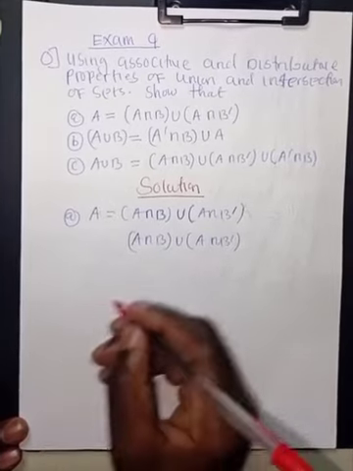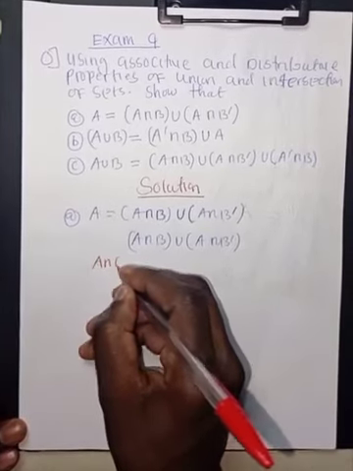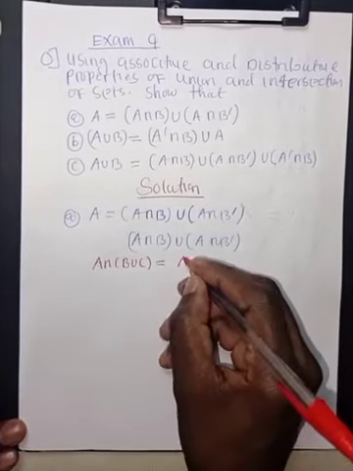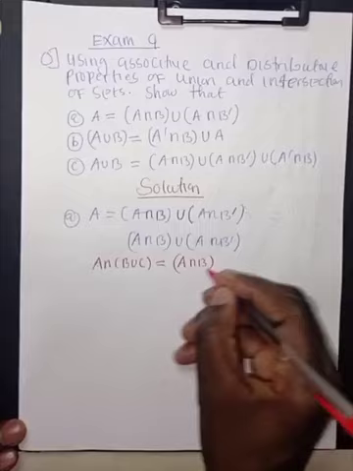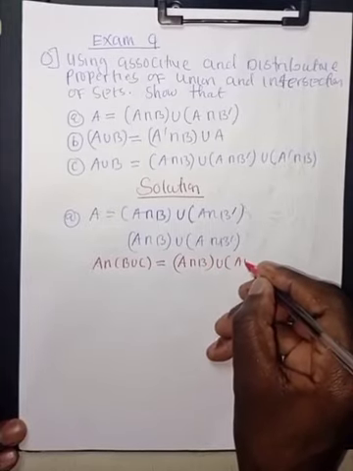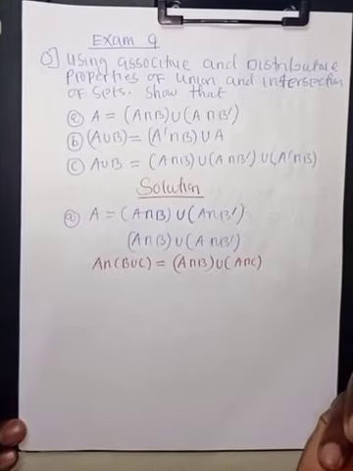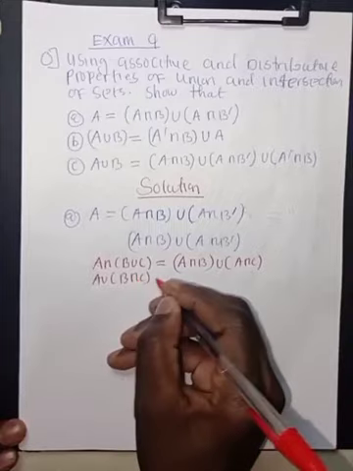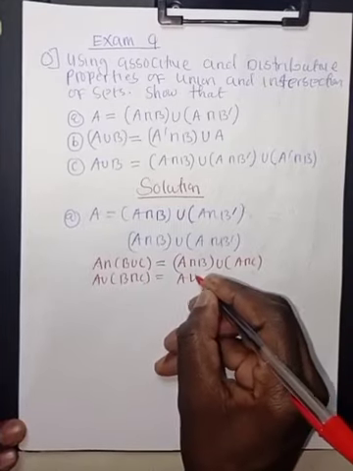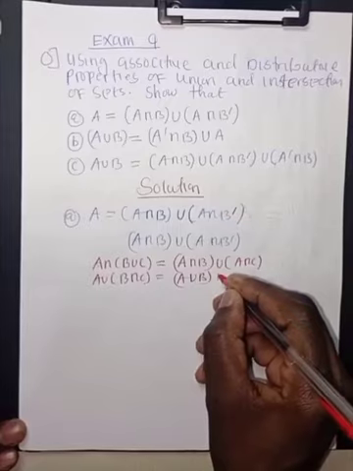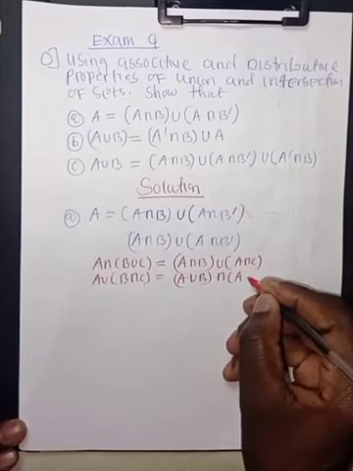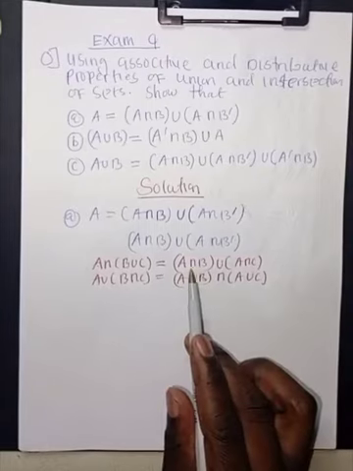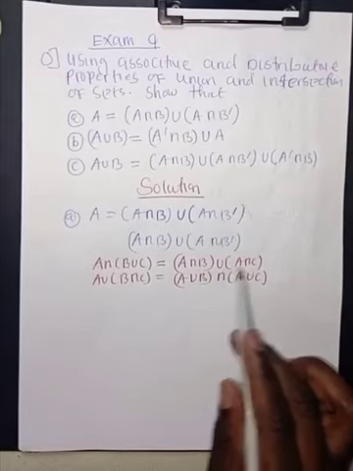If you remember very well, we had A intersection B union C giving us A intersection B, union, A intersection C. That was our distributive law. Another one was A union B intersection C being equal to A union B, intersection, A union C. Yeah. So between the two distributive laws, what we have to focus on is which one is similar to what we have on this side.